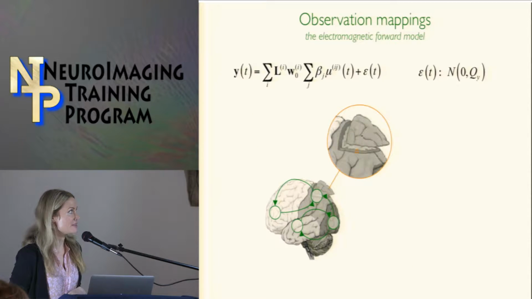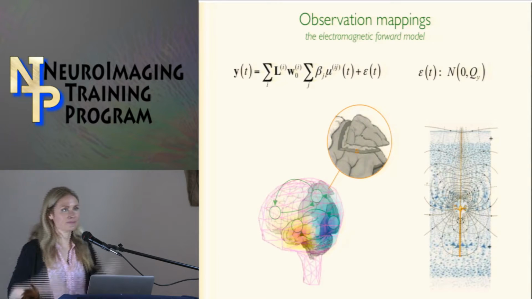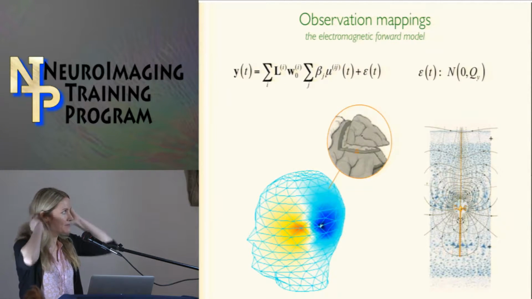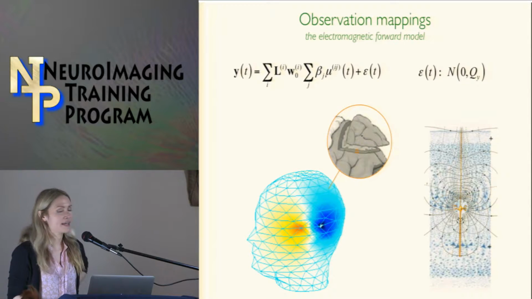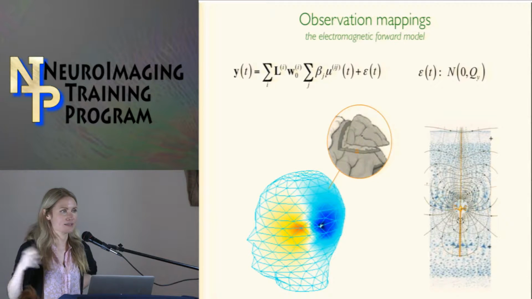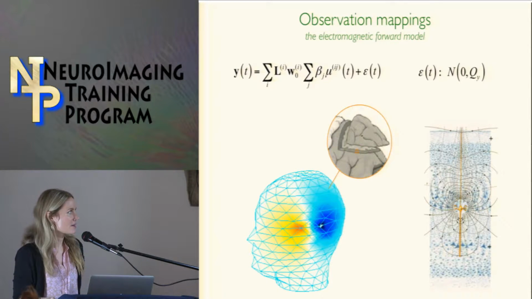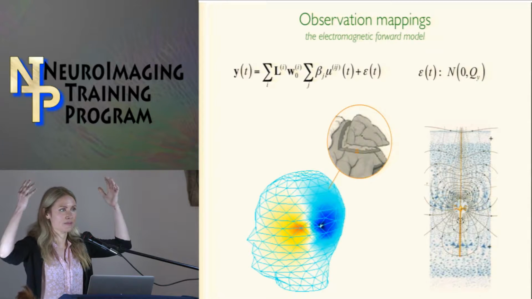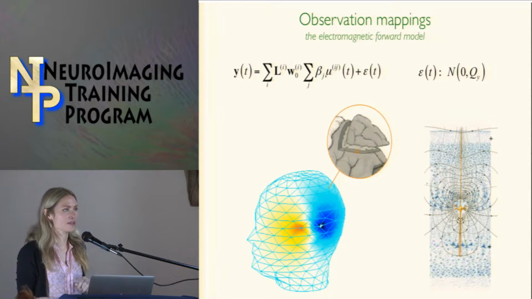So what do I mean by a lead field model? I think this has probably come up so far in the course, but I'm not sure. With EEG, or MEG, but with EEG, you're making measurements on the scalp, and you can use this process called the inverse approximation to try and estimate where the underlying sources are in the cortex that are driving the measurements that you're recording on the scalp.